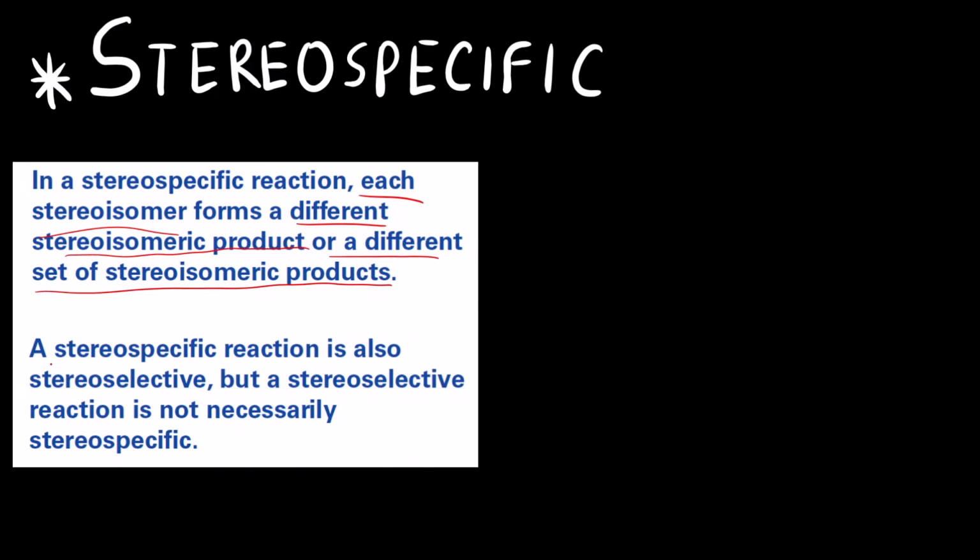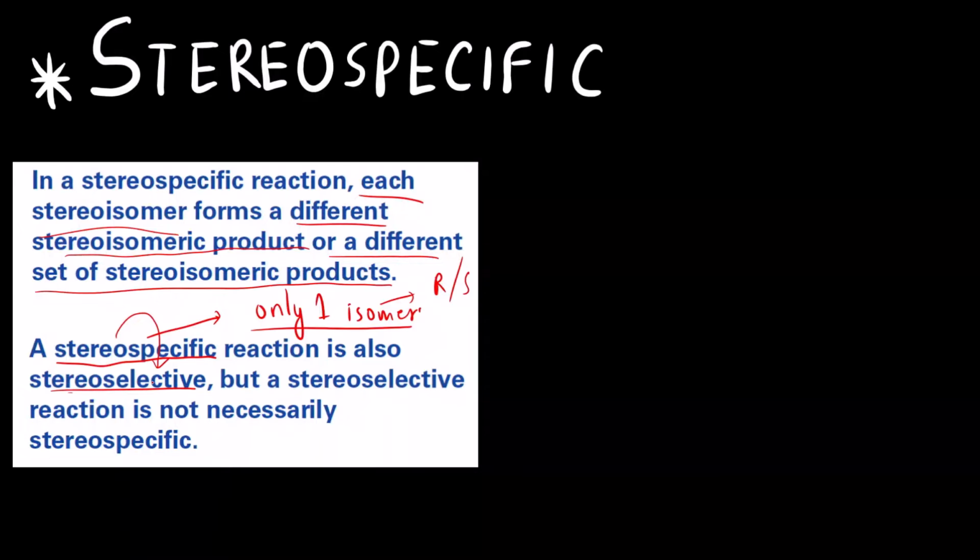Another thing to be noted is that a stereospecific reaction is stereoselective. What is the meaning of that? Stereospecific means only one isomer is formed, which means we are selectively forming only one isomer, either R or S. So a stereospecific reaction can also be called stereoselective.